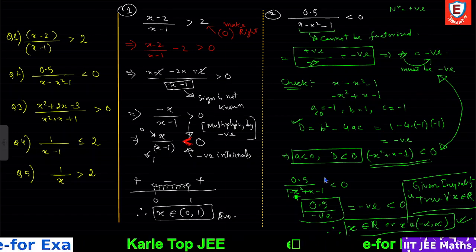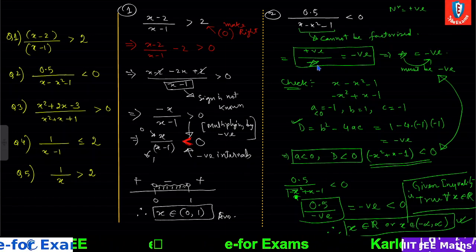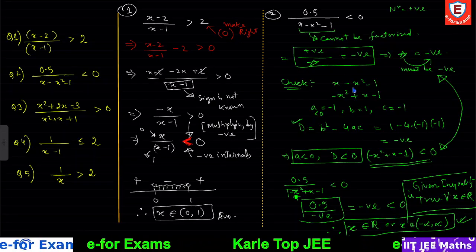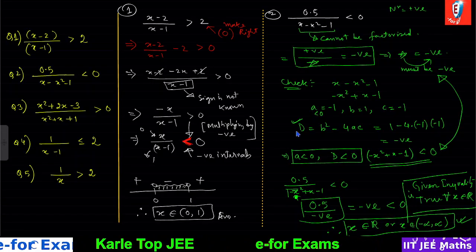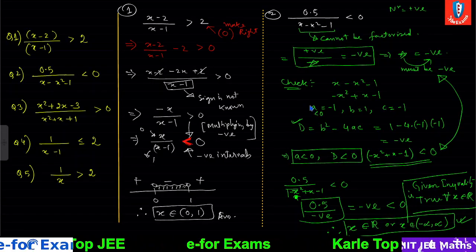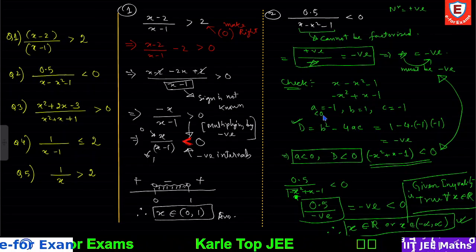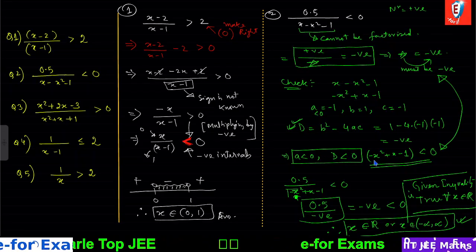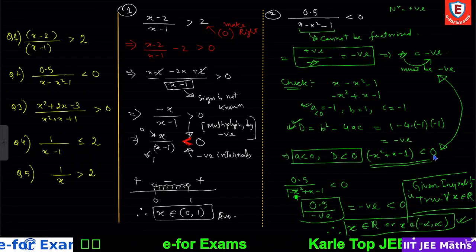See, let me explain here. From this we conclude that this something must be negative, so we have to check whether it is true or not. So we have to find the discriminant and compare the coefficient of x square. a is less than 0 and d is less than 0. So the given quadratic function is negative, which is true.